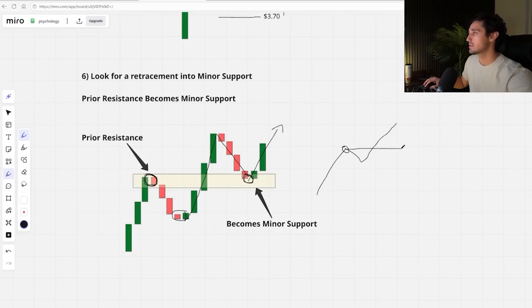We want this area of resistance to now become support, and it moves up. Same thing here. This area of resistance, right here, now becomes support for the next dip before we move up. And this is a really nice amplifier, and it's really simple. Prior resistance, the prior high, basically becomes support for this stock within the uptrend.